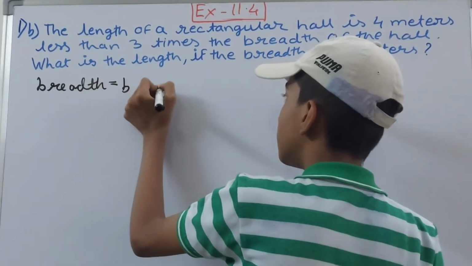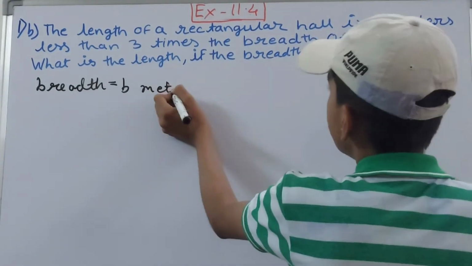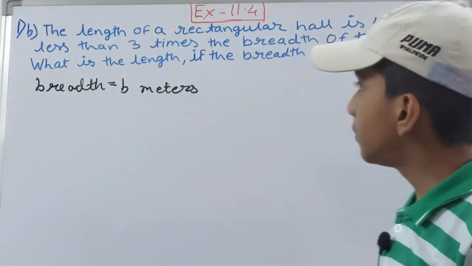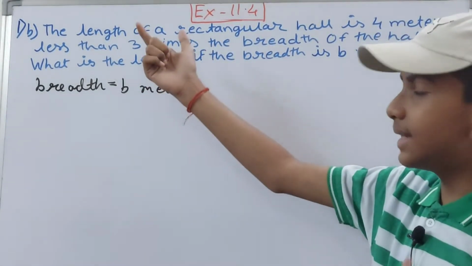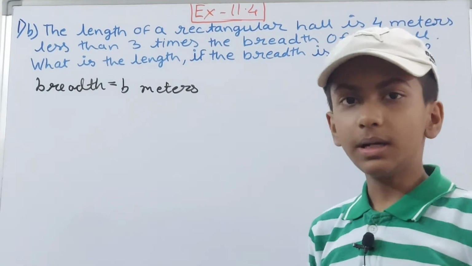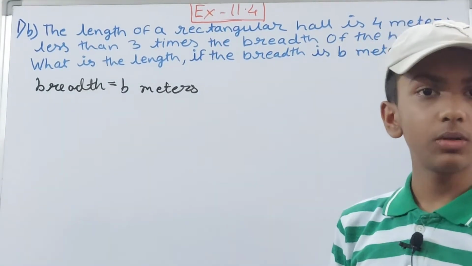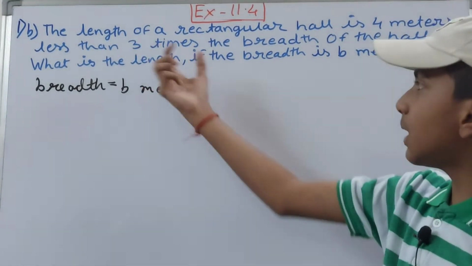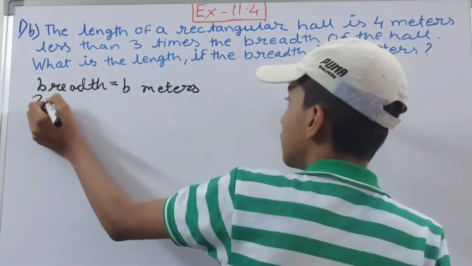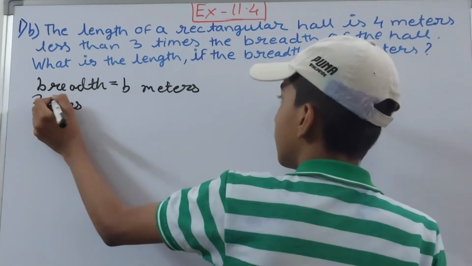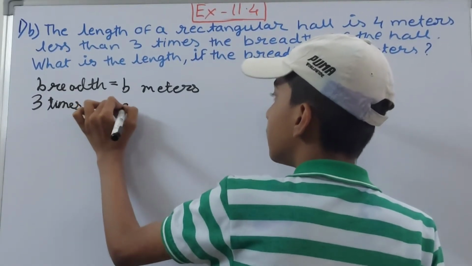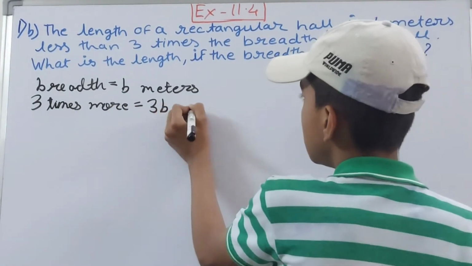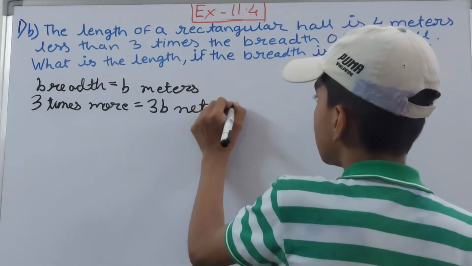Now the length of your rectangular hall is 4 less than 3 times your breadth. So 3 times we will write here first. So 3 times, that will be 3b, right? So 3 into b, that is 3b meters, right?